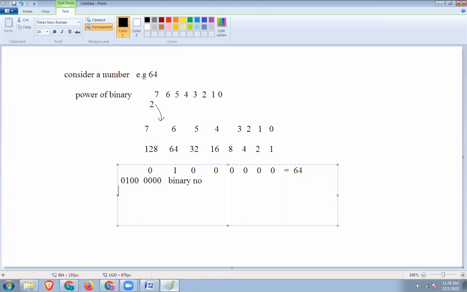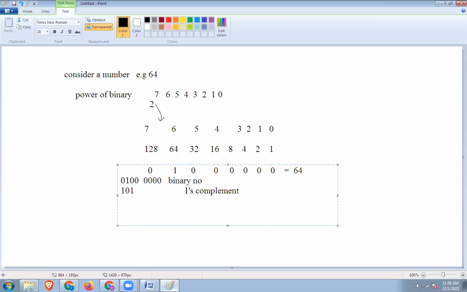Now whenever you want to find the ones complement form, you have to replace 0 as 1 and 1 as 0. Whatever 0 we had earlier, I replace it as a 1. Similarly 1 is replaced as 0. Similarly 0 is replaced as 1.